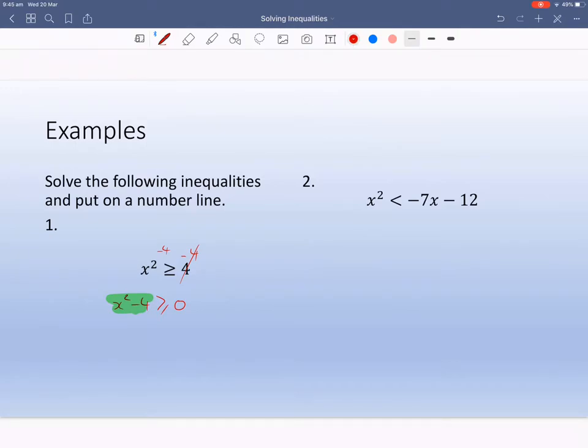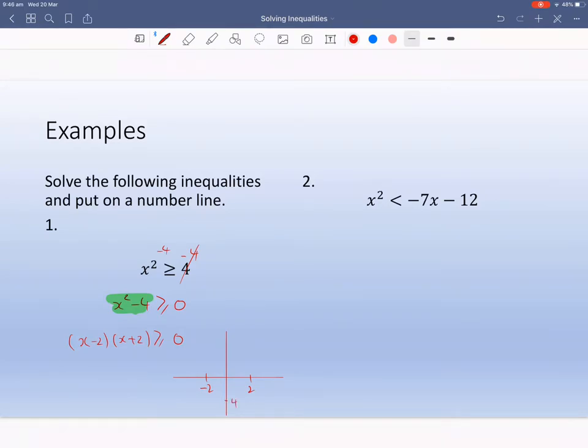So let's do that. x minus 2, x plus 2 is greater than or equal to 0. Okay. Now I can quickly draw that. Okay. So let's draw that. So I'm going to go there, there, and it has intercepts at -2 and 2. It's a parabola.